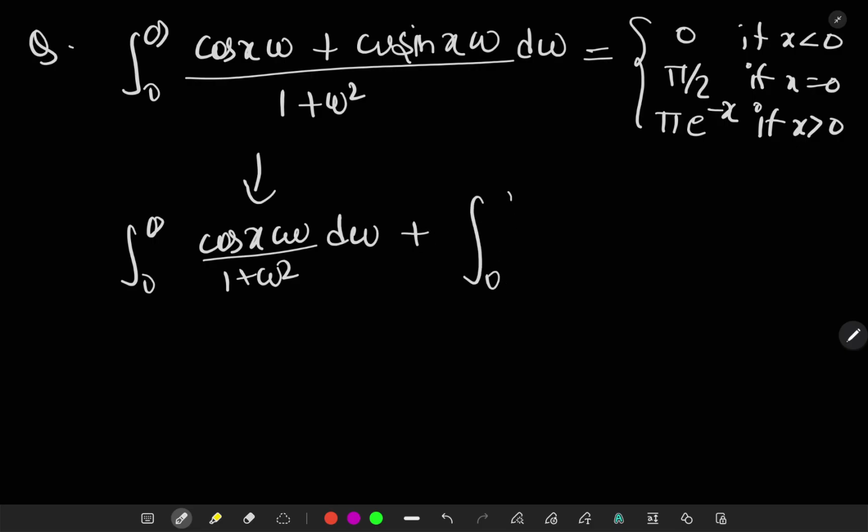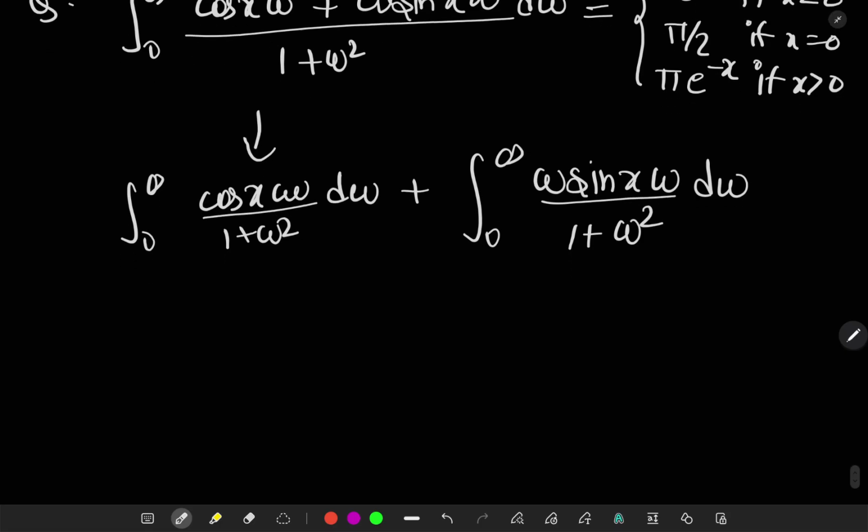Plus integral 0 to infinity omega sin x omega divided by 1 plus omega square d omega.